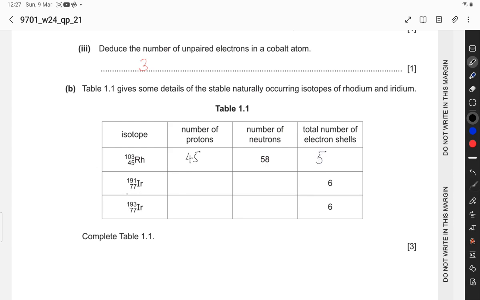Iridium number of protons is 77, and we subtract 191 minus 77, because this is the nucleon number, and if we want to find the number of neutrons, the proton number is subtracted from the nucleon number, so this is 114. And similarly iridium 193 is 77, and neutron number is 116.